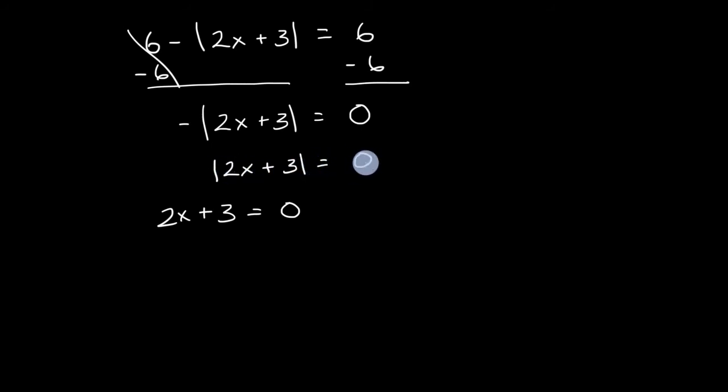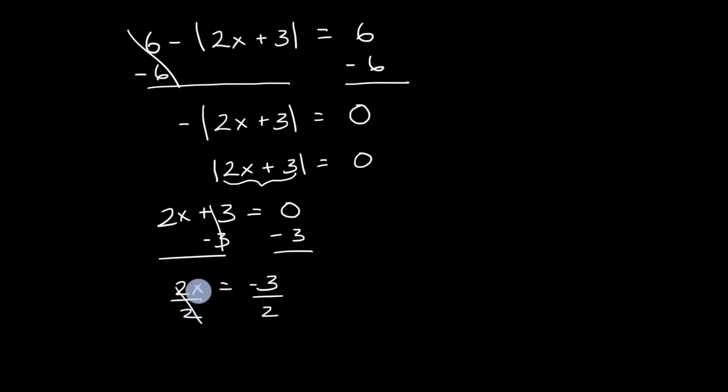If the absolute value of something is 0, well, that thing inside the absolute value sign must be equal to 0. And then you just solve from here. If you subtract 3 from both sides, we get 2x is equal to negative 3. Divide both sides by 2, and we get x is equal to negative 3/2. And here we had one solution.